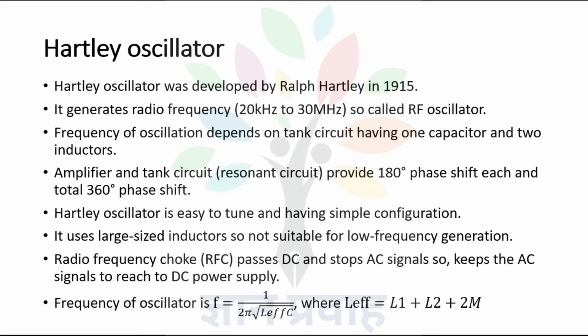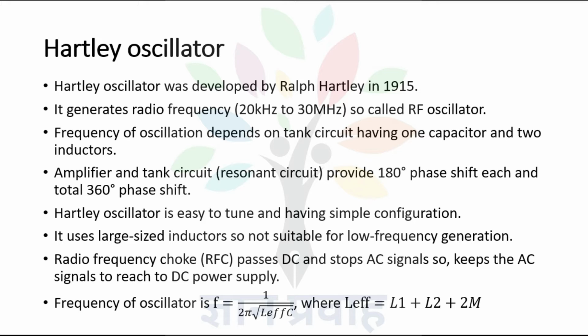And the frequency range for radio frequency is 20 kHz to 30 MHz. So the frequency of oscillation depends on the tank circuit having one capacitor and two inductors. The tank circuit is nothing but the feedback circuit.